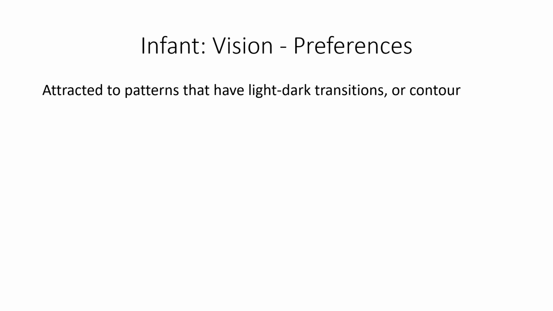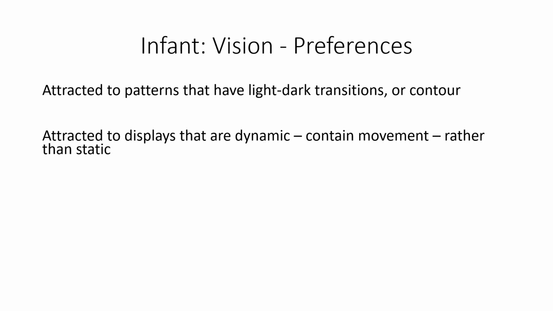Okay, so we're looking now at infants' visual preferences, and I kind of talked about these some: they have preferences for light-dark transitions or contours. They are attracted to displays that are dynamic, that contain movement.